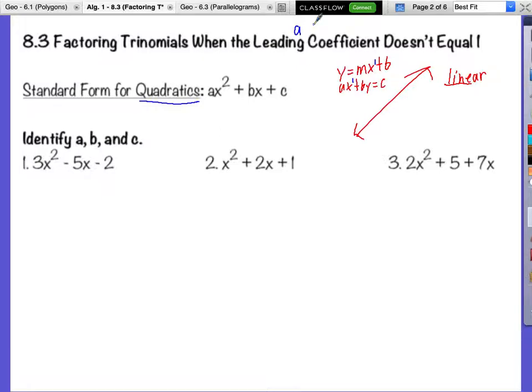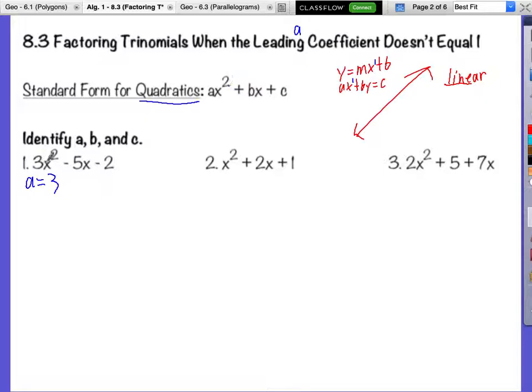So here, we're just going to focus on identifying a, b, and c. So if we look here, we have a quadratic equation in number 1. It's an x squared, an x to the first, and a number by itself with no x. So here, what would be the a in this scenario? Just 3. Because here, a is whatever's being multiplied with x squared.